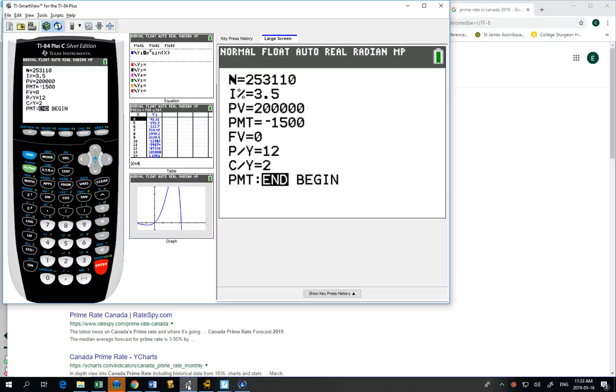Now, there's two types of mortgages that you can use. There are fixed mortgage rates and variable mortgage rates. What a fixed mortgage rate is, you decide it's going to stay at that interest rate for the next 5 years. And mortgages are always renegotiated after 5 years. So if interest rates go up, it's going to go up for you as well.